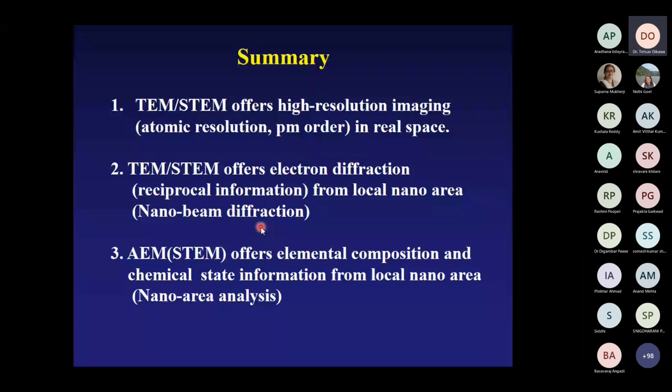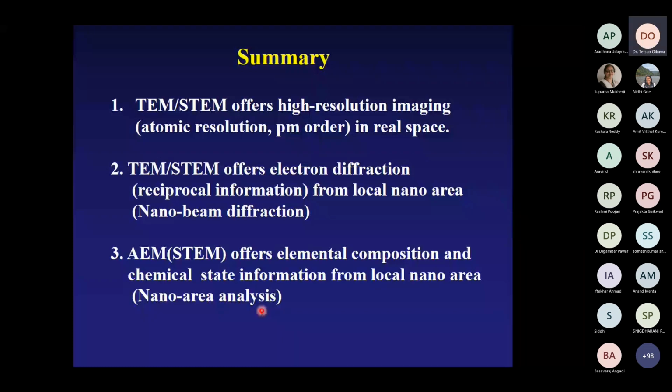And also the analytical scanning microscope can offer elemental information from the sample, and also very small local information, and also in combination with electron energy loss spectroscopy, we can measure the chemical bonding state with nanometer area, atomic resolution like this. This is the most advantage of electron microscope.